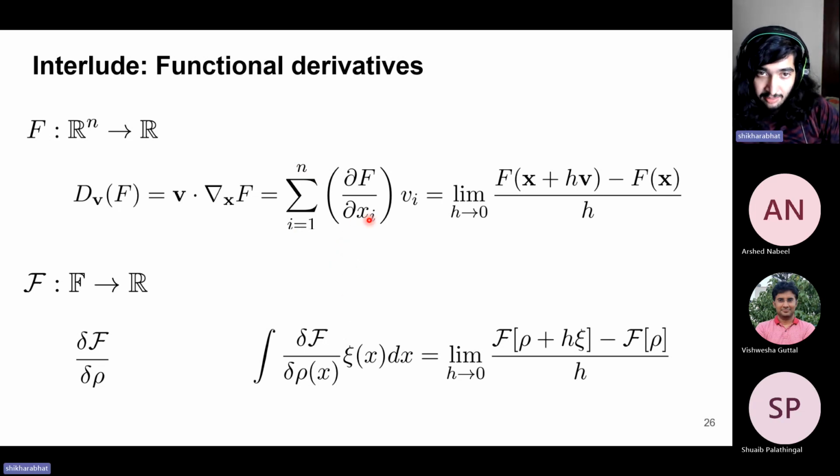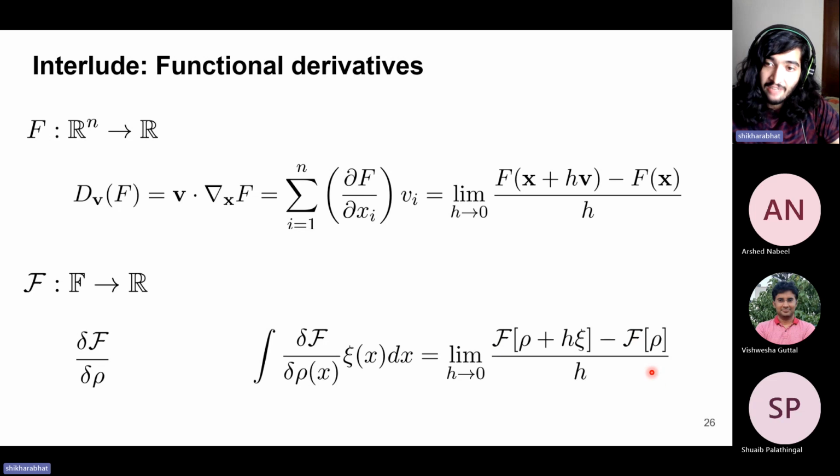I can just match terms. For every v here is ξ. The summation of ∂f/∂x_i times v_i becomes the integral of the functional derivative of F with respect to ρ at the point x times ξ(x), and that is the limit, a normal derivative type limit, of F(ρ + hξ) minus F(ρ) over h.